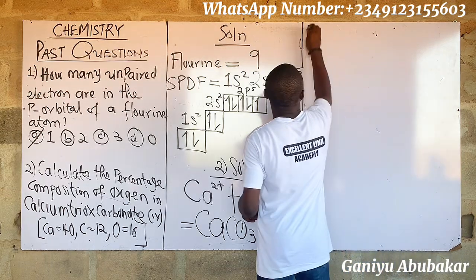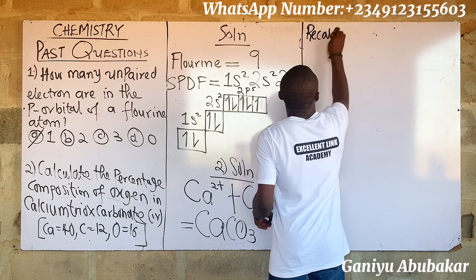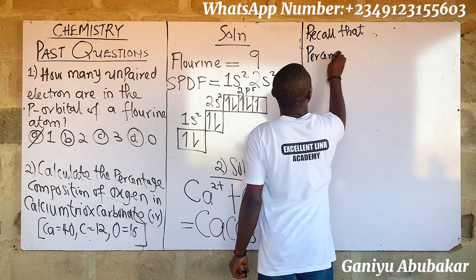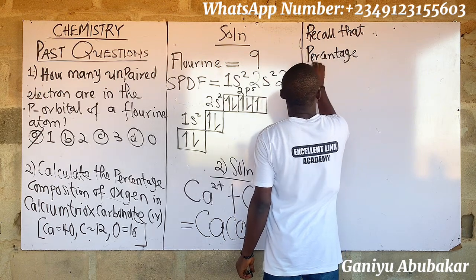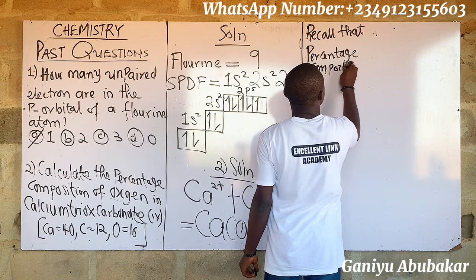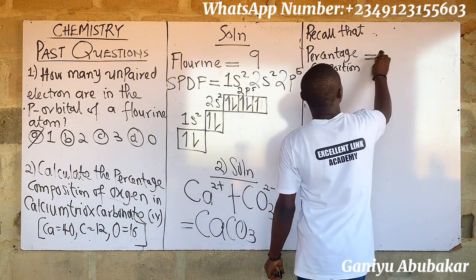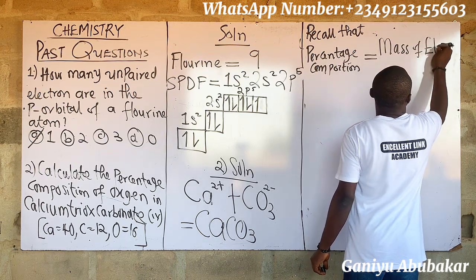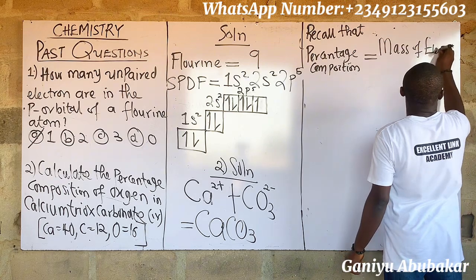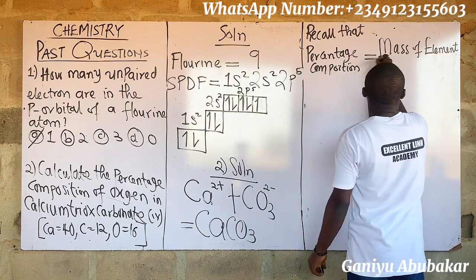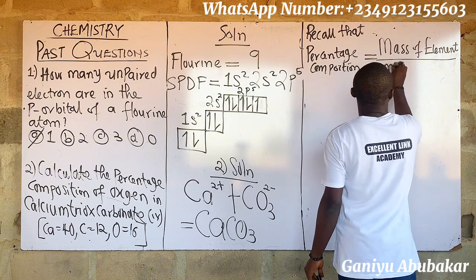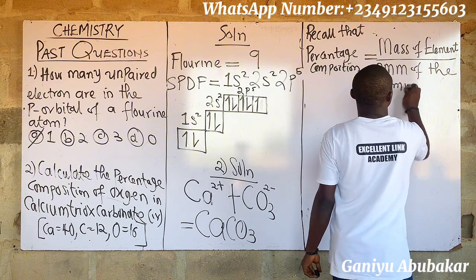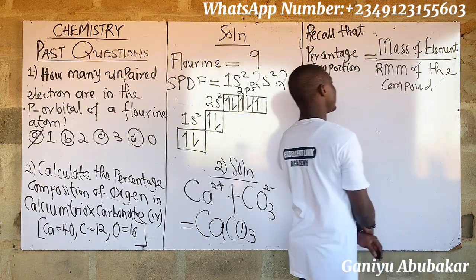So go and recall that the percentage composition of an element is equal to the mass of that element we are told to find, all over the relative molecular mass of the compound. So you have to record this, please. Now let's get this done.